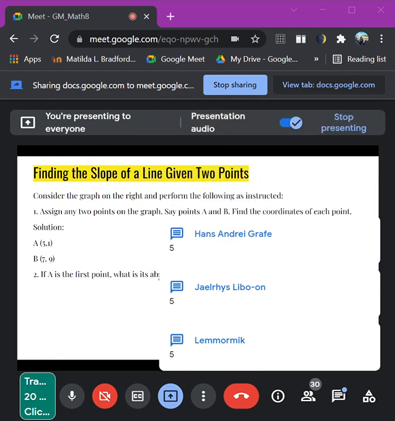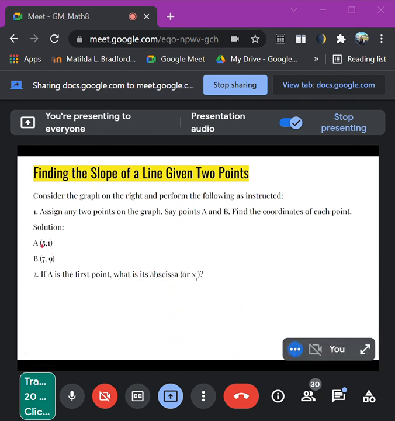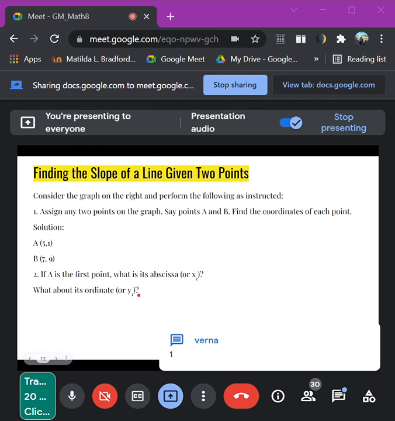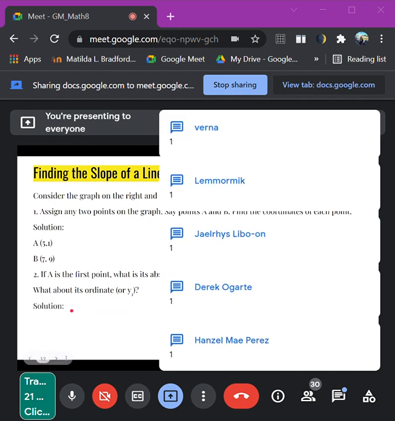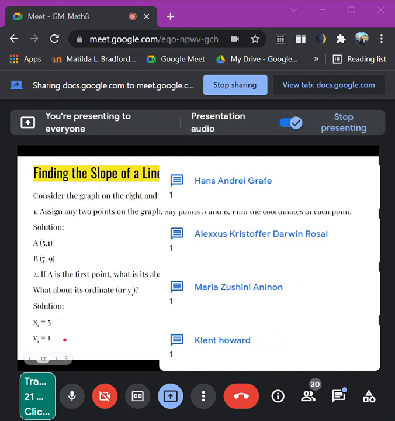The abscissa is the value of x. In our ordered pair, that is x and y: x is our first coordinate and the second coordinate is y. Now what about our ordinate, or our y? Very good, that is 1. So if we write it, x sub 1 is equal to 5 and y sub 1 is equal to 1.